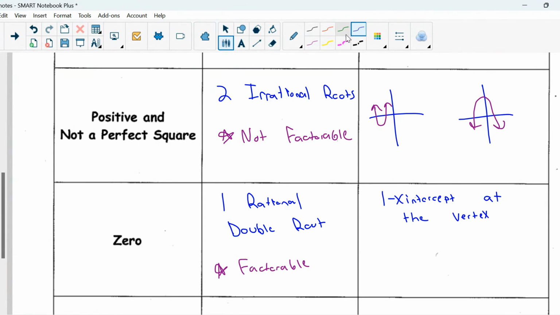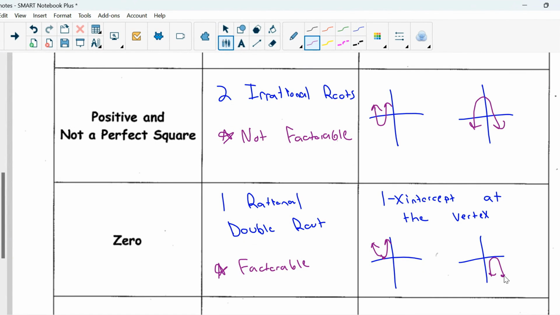Okay, so if we were to draw up our graphs, you could have a situation that looks like this, where you just hit the axis one time, or you could also have a negative case. It looks something like this.